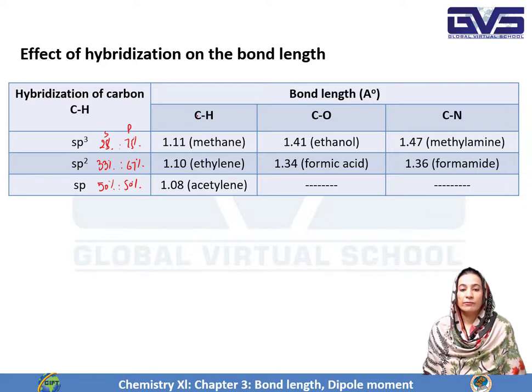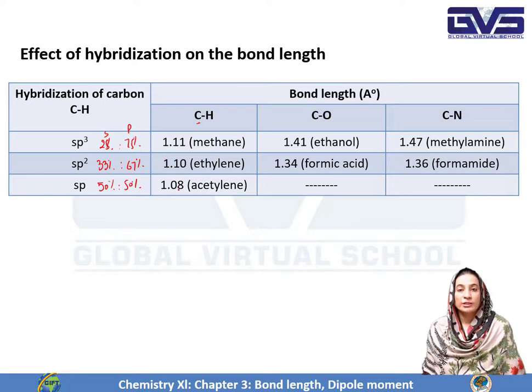For carbon, if it is sp3 hybridized, the C-H bond is 1.11, if it is sp2 hybridized it is 1.10, and if it is sp it is 1.08. The bond length reduces, the bond is stronger and the bond energy will be higher.